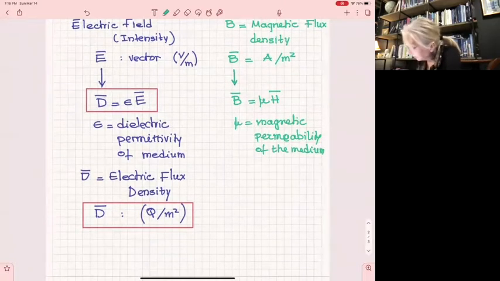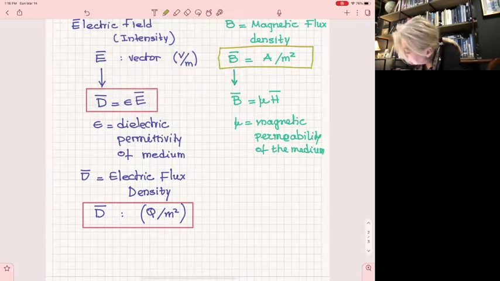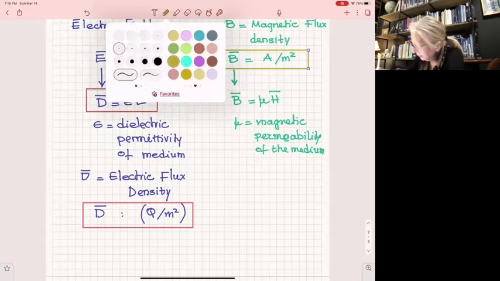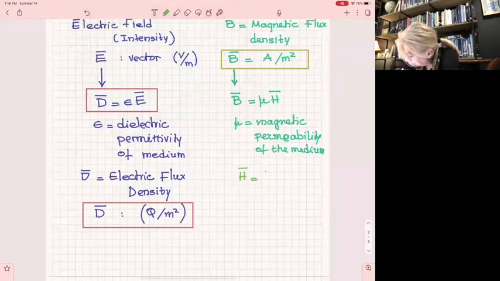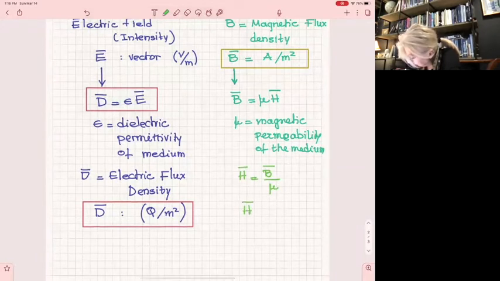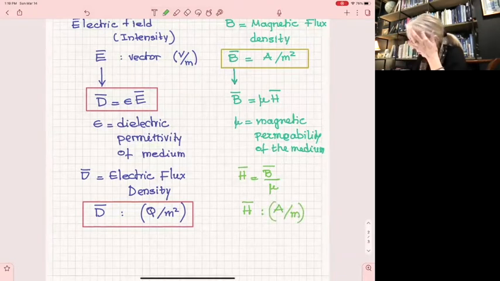Now H is B divided by mu, then H has the units of amps per meter, all right?